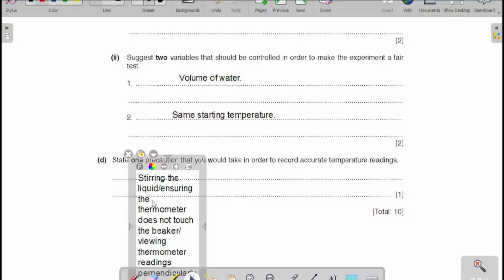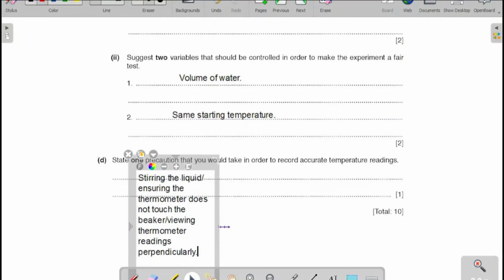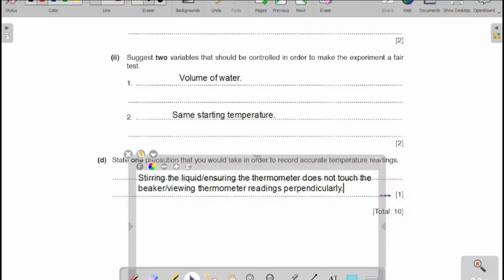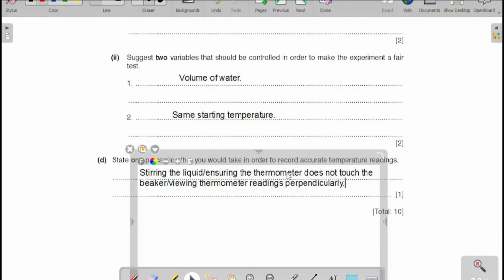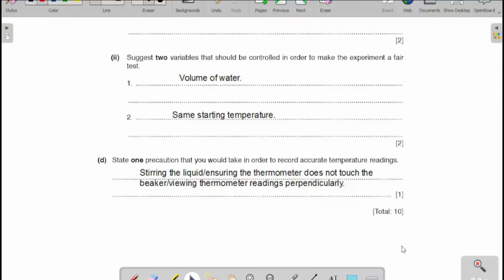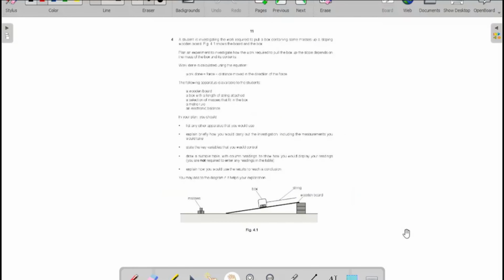What I mean by this is when you are viewing, your eye must be perpendicular to the direction of the thermometer. All right. I think we are getting to the end of this paper. This is the last but one question, so let's go to the last question.